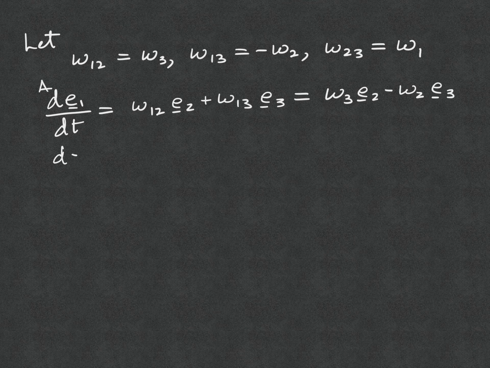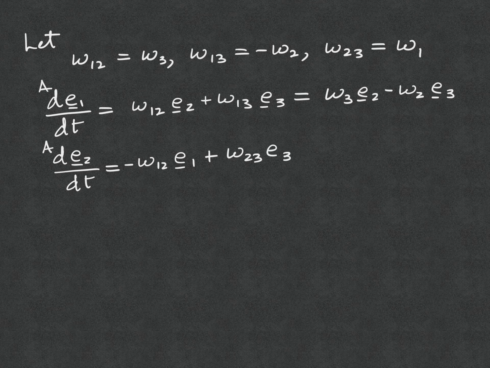The next one is dE2/dt in A, and that's equal to minus omega 12 E1 plus omega 23 E3, which is, well, omega 12 is omega 3, so this is minus omega 3 E1, and then omega 23 is equal to omega 1, so plus omega 1 E3.